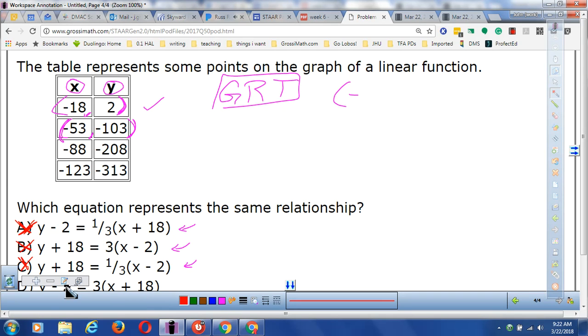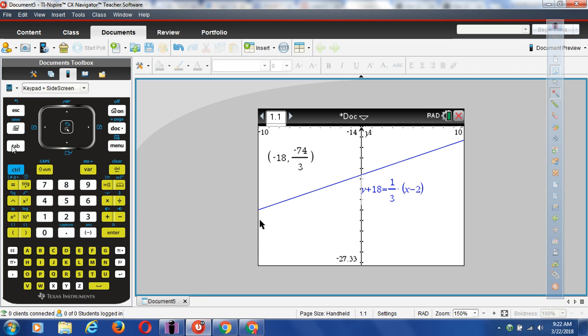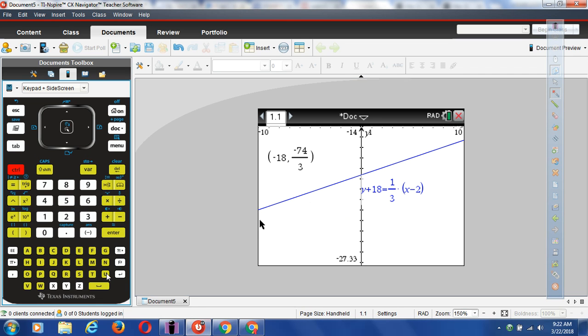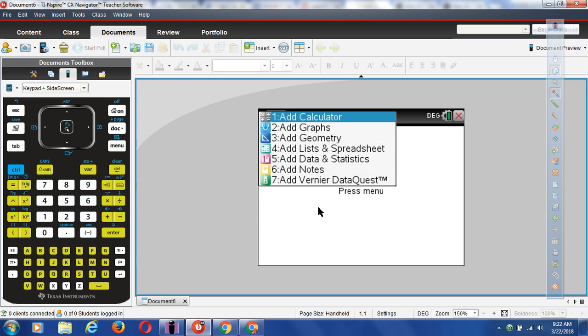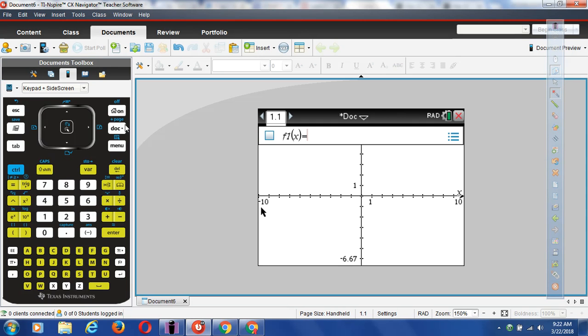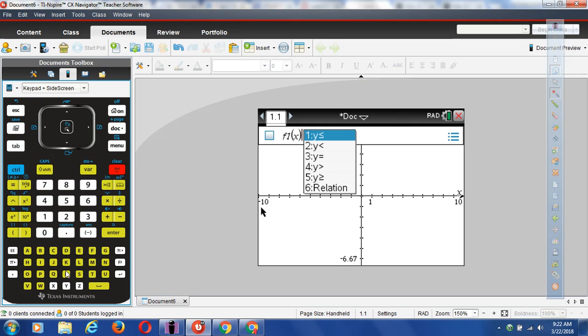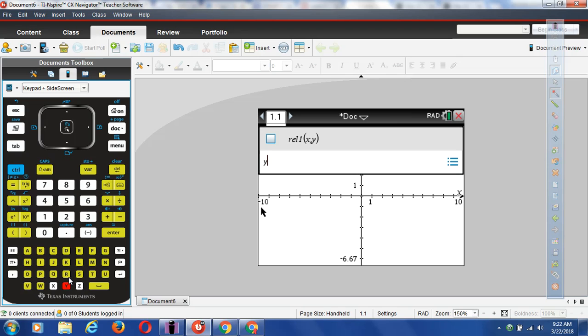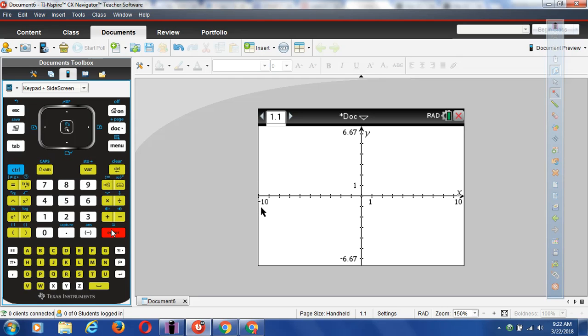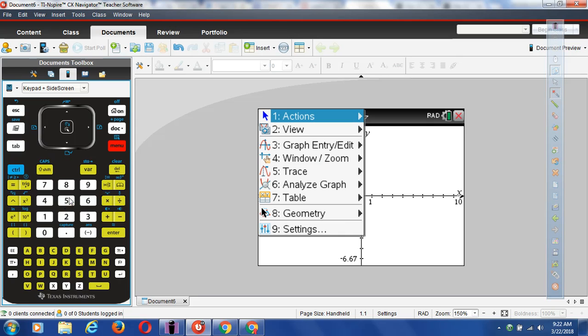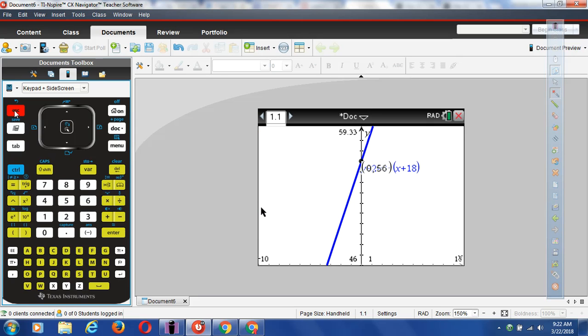So how can I check? Y minus 2, let me move this out of the way so you can see. Y minus 2 equals 3 times x plus 18. Let me just check it to make sure. And menu 5, 1, enter, escape.